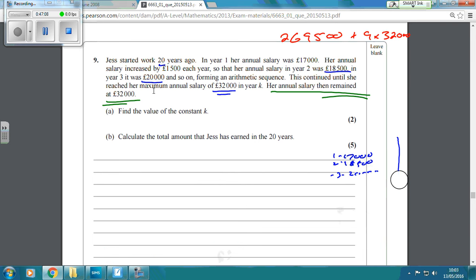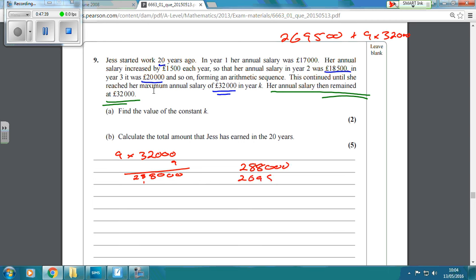And of course, I'm notoriously bad at making mistakes, so I'm going to double check my answer afterwards. But I need to do 9 lots of 32,000. So times by 9. 3 lots of 9 is 27, plus 1 is 28. So it's going to be 288,000 plus the 269,500.